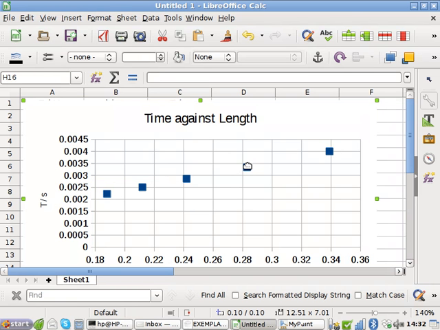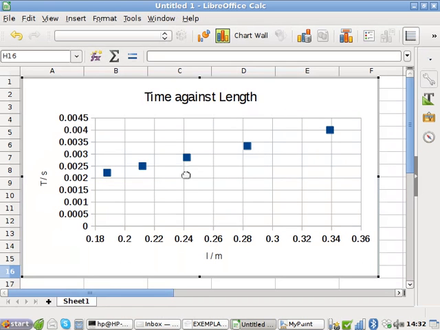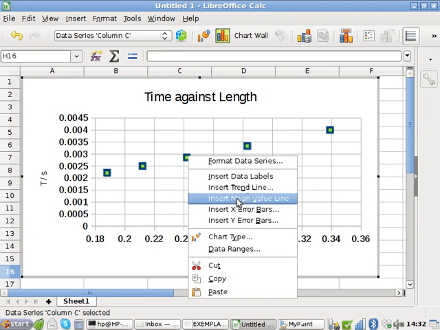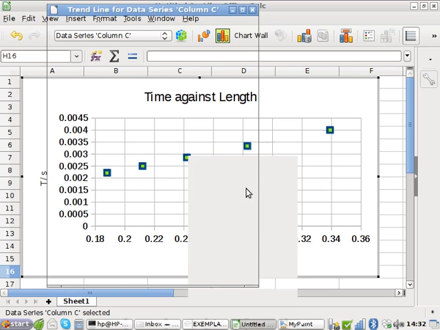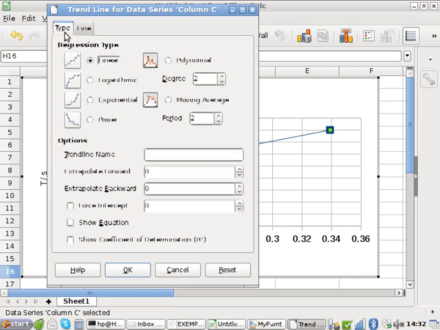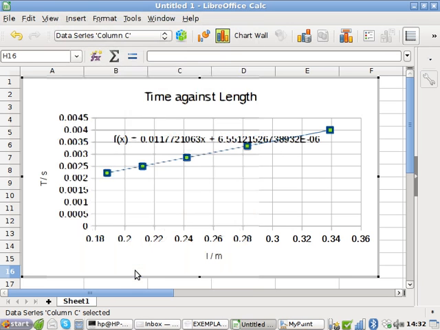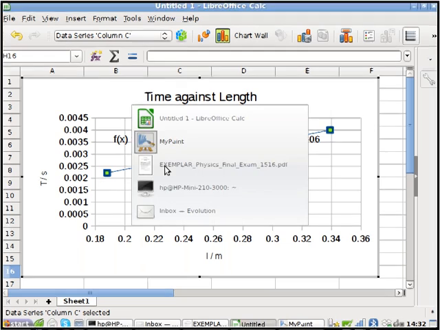But, come on, I want to cheat. If I get the slope of the line, is it y2 minus y1 over x? I'm being lazy and getting the program to calculate it. Show equation. So I can see the slope is 0.01177.